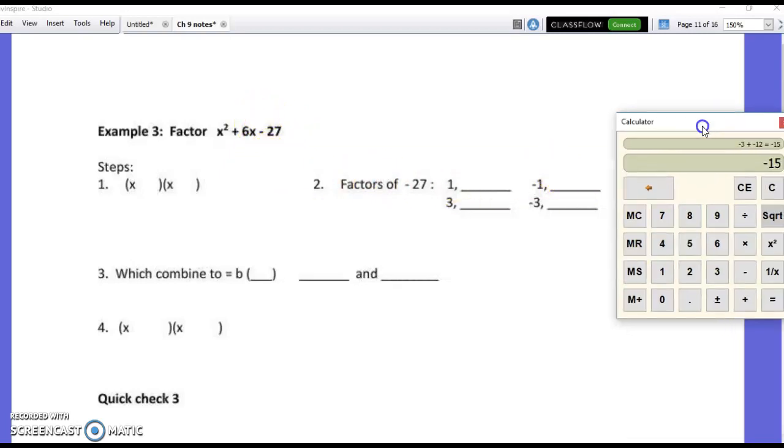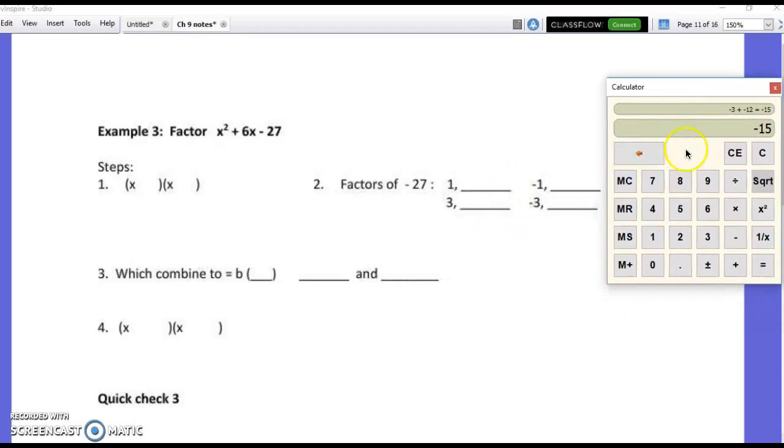So if we look at the factors of 27, now I've listed them out here for you. We just have to list the other factor. We always start with 1 and that number. So 1 and negative 27, or negative 1 and positive 27, would be one of our factors. And then 27, 2 is not going to work because it's not even. Divided by 3 gives us 9. So 3 and a negative 9, or negative 3 and a positive 9.